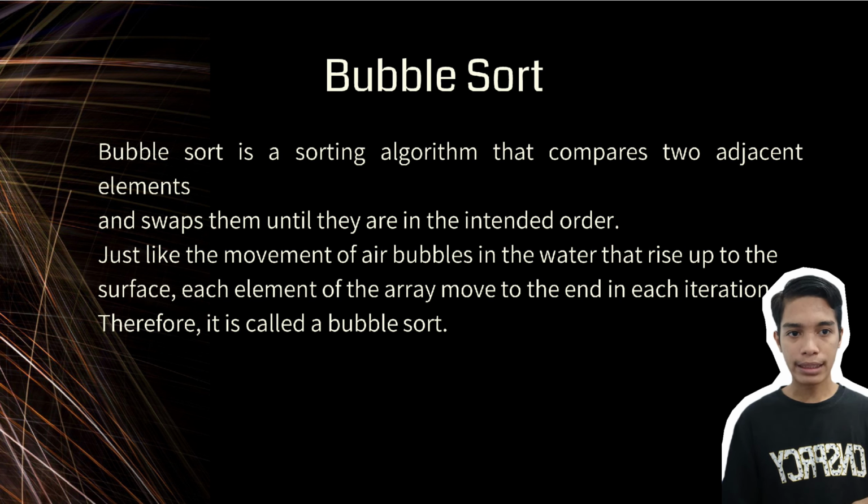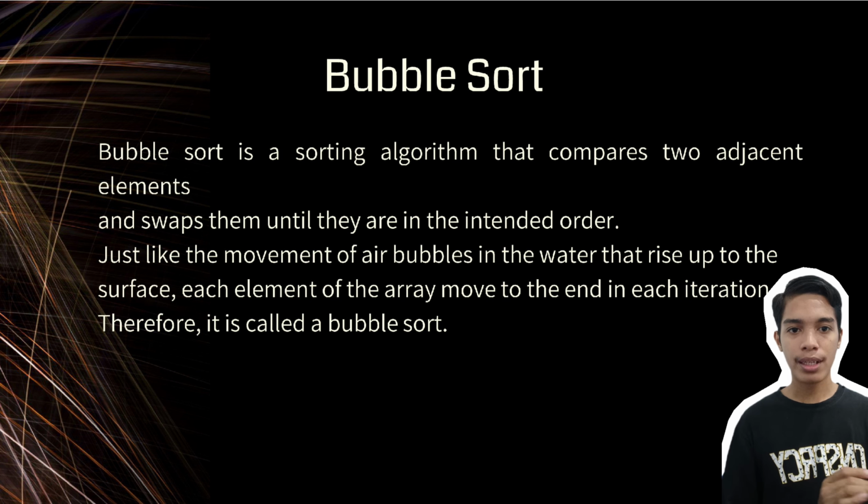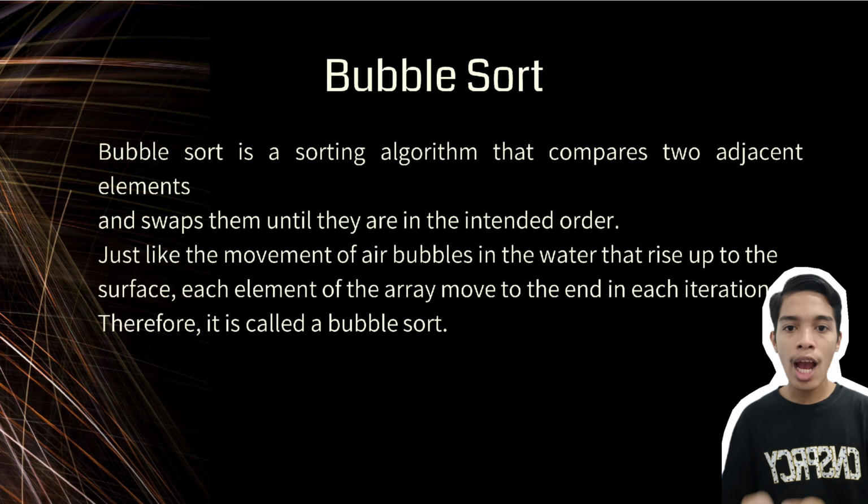In bubble sort, it pulls or shuffles an element in the array toward the end with each iteration. We call it bubble sort because it compares two elements, the two elements in the middle, left and right, and the elements rise up and shuffle to the end.